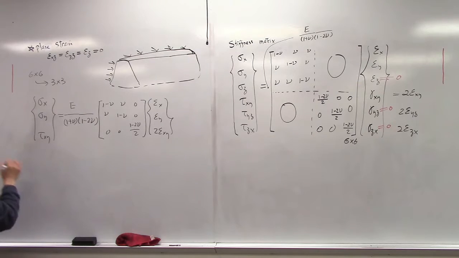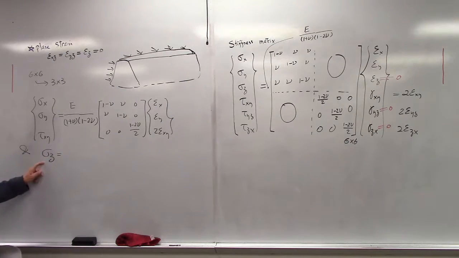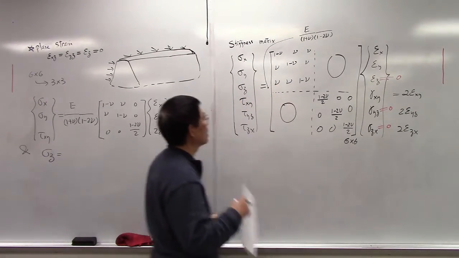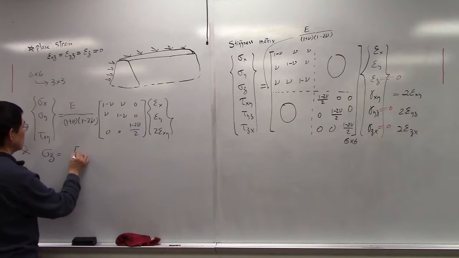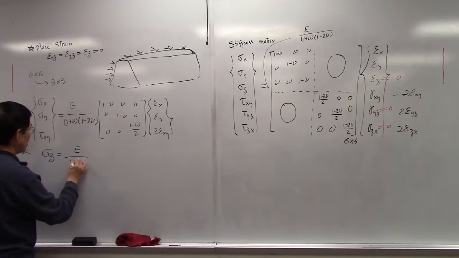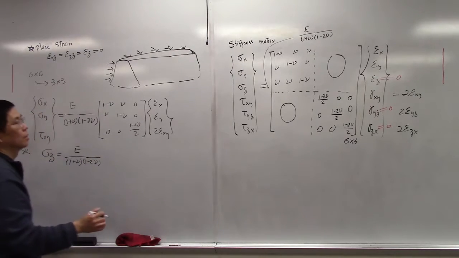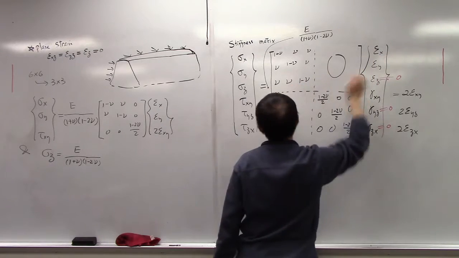But then, don't forget the last relation, sigma z, because sigma z is not 0. Take this expression, and you can see clearly that sigma z is equal to E over (1 plus nu)(1 minus 2 nu), then this times that plus this times that.